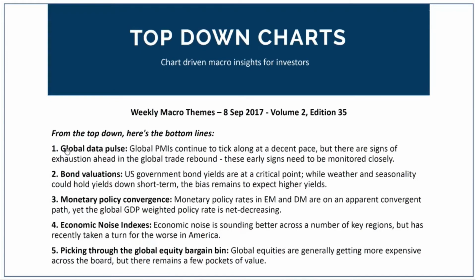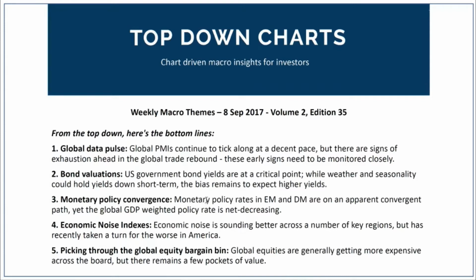So we've got a look at the global data pulse, how the global macroeconomic cycle is progressing. Look at bond valuation, so we've developed the bond market valuation indicator here. Look at the components and also a bit of view on the tactics. And then the one that we're going to be talking about today is this one here, monetary policy convergence.